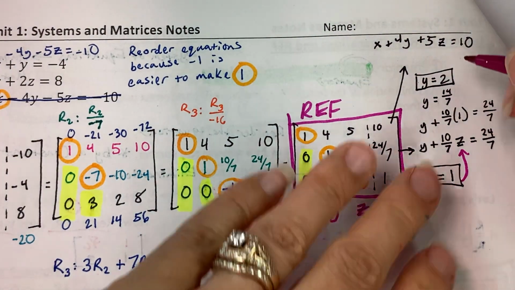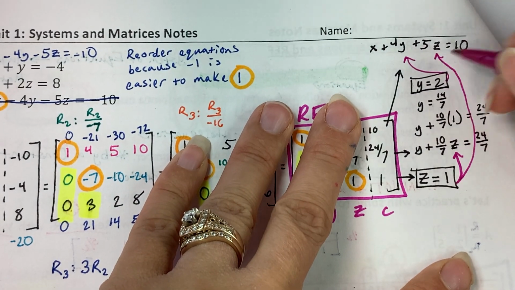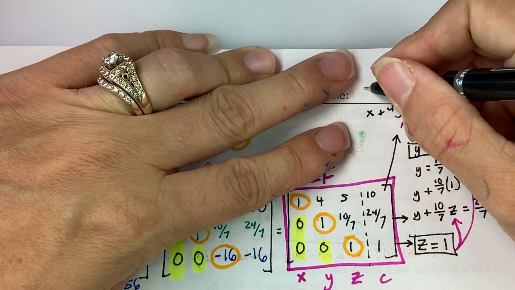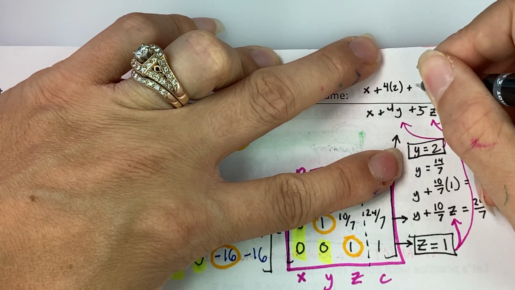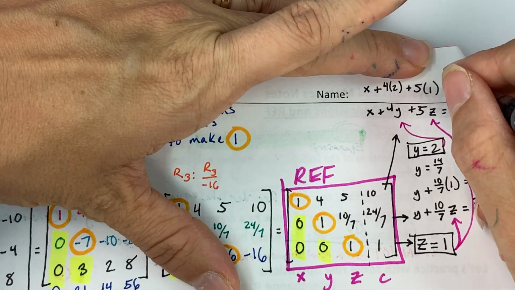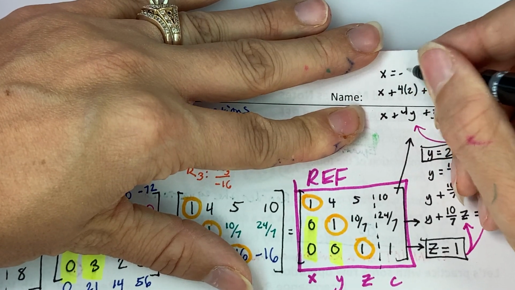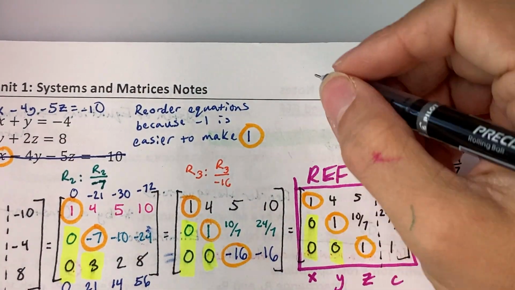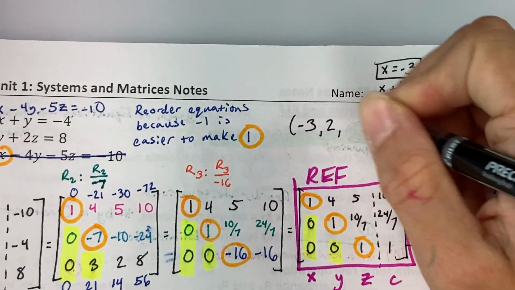And now we're going to take that 2, plug it in for y, take that 1 and plug it in for z, which will give us x plus 4 times 2 plus 5 times 1. So that gives me 8. That gives me 13. So 10 minus 13 gives me x is negative 3. And that gives me my final coordinate answer, negative 3 for the x, 2 for the y, and 1 for the z.